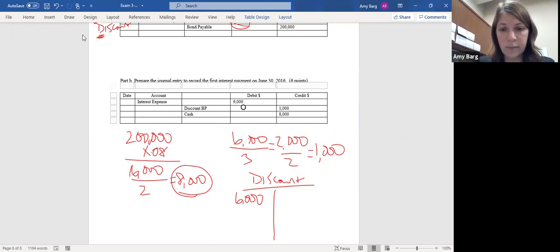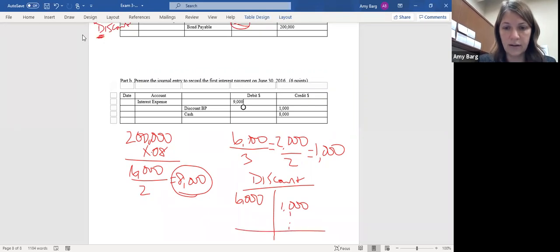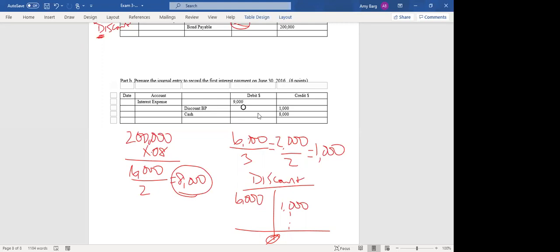So every 6 months, we credit it by $1,000 so that by the end of 3 years, it zeroes out. We do that by crediting $1,000 every 6 months because we debited it to begin with. Okay.